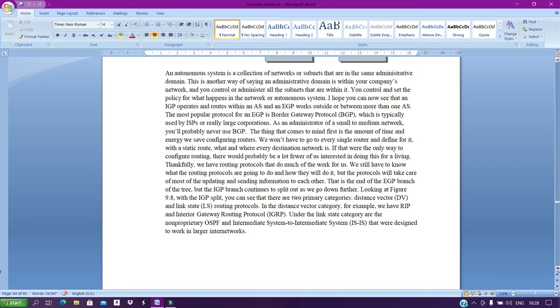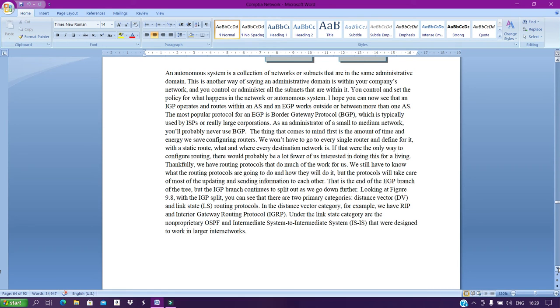That is the end of the EGP branch of the tree, but the IGP branch continues to split out as we go down further. Looking at figure 9.8 with the IGP split, you can see that there are two primary categories: distance vector and link state, LS, routing protocols.